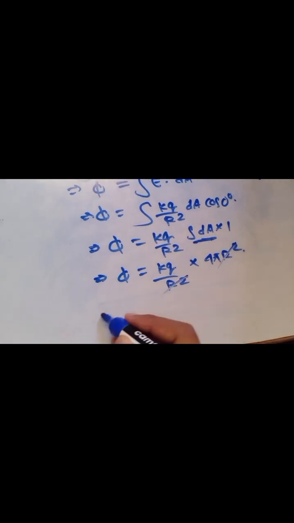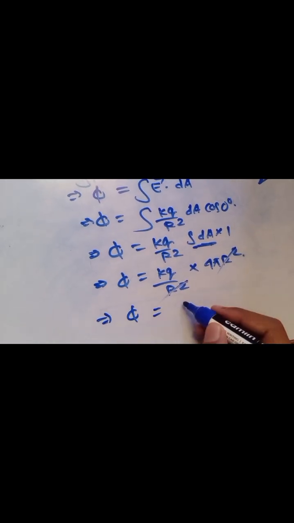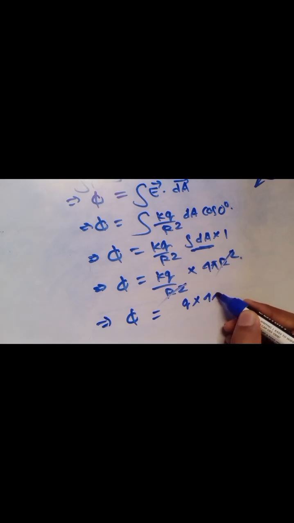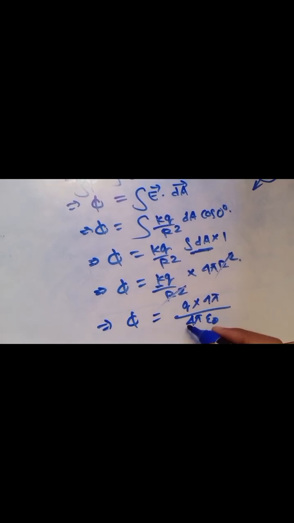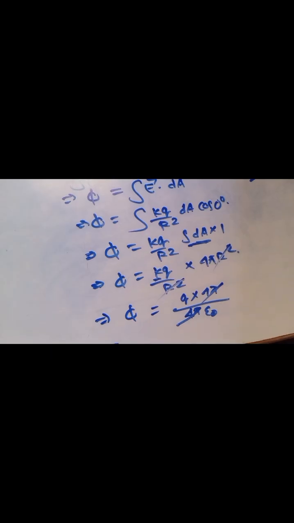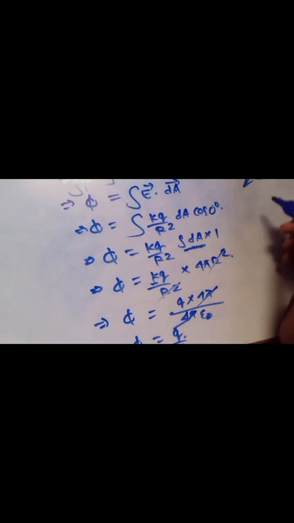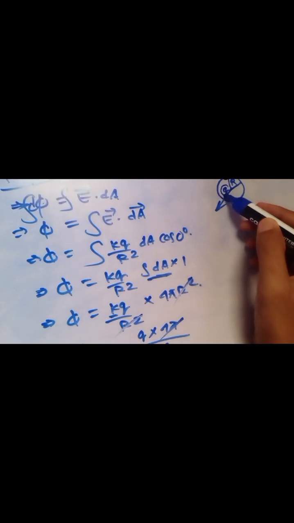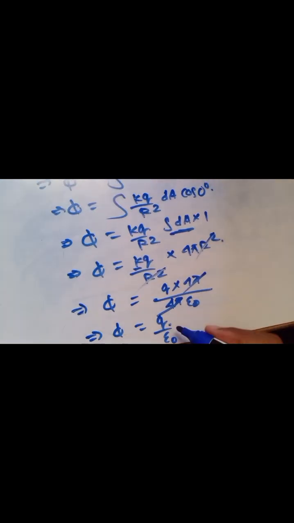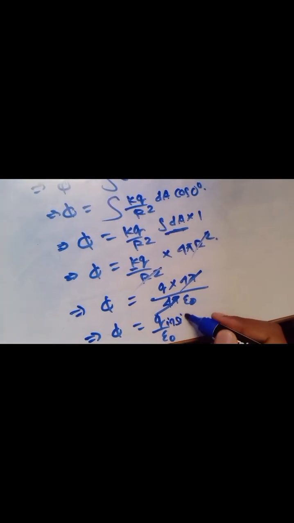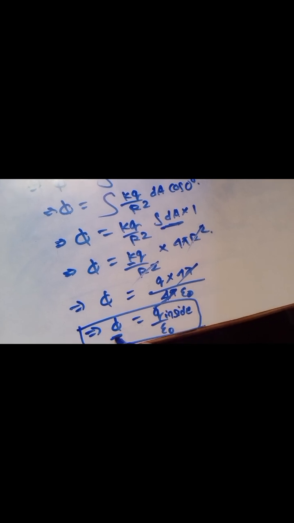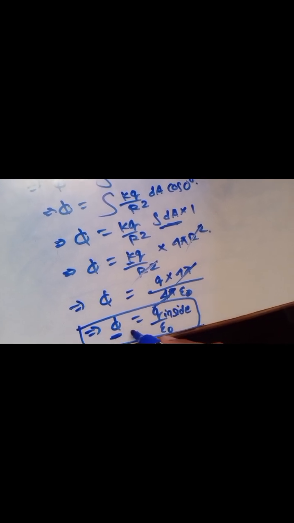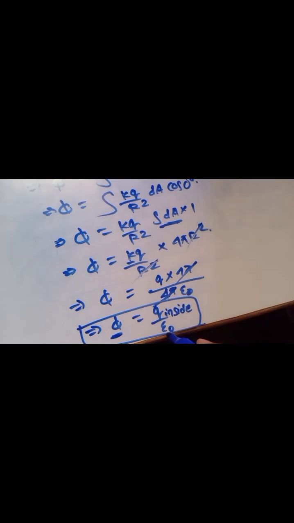This R square cancels, so flux equals Q into 4 pi K. We can write K as 1 divided by 4 pi epsilon naught. This 4 pi cancels this 4 pi, and flux equals Q divided by epsilon naught, and Q is the charge present inside the sphere. So it is Q inside divided by epsilon naught. This is the flux through any closed surface.